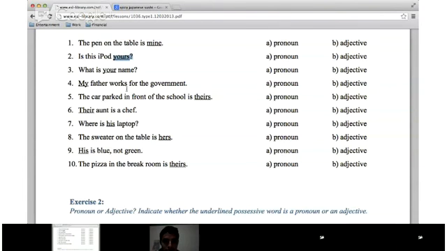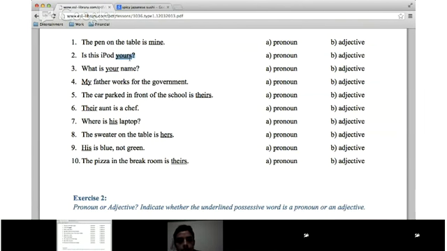Now here, yes, it is following the form of the verb to be. But for your to be a pronoun, it would need two things. It would need an S, like yours, and then a noun would not be following it. But since a noun is following it and we do not have an S at the end, your is actually an adjective. All right, very good.